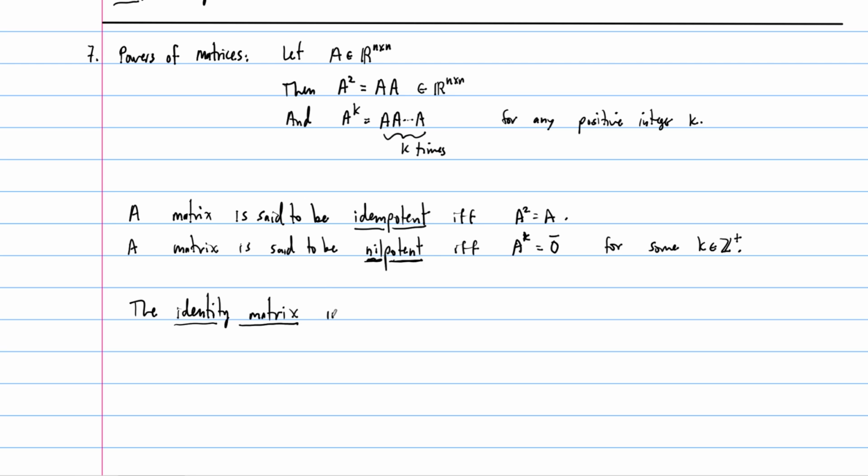So the identity matrix in R n by n is the matrix denoted by I, and it's got n rows and n columns, and it's got ones on its diagonal and zeros everywhere else.